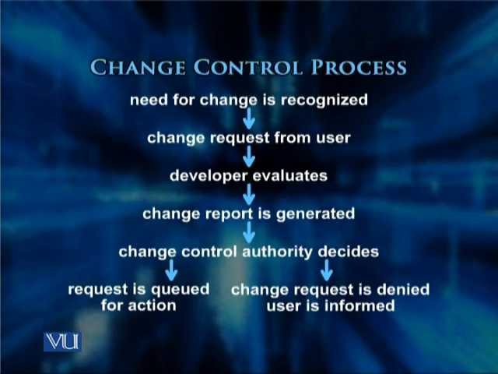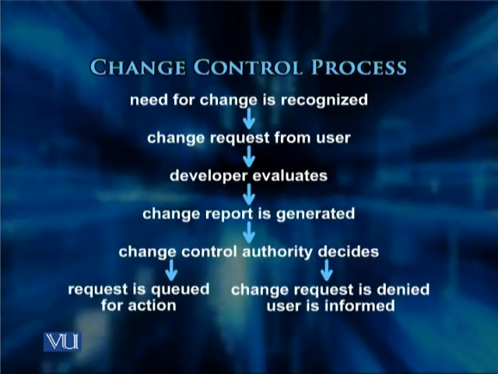A change report is generated. The change report is given to the change control authority for review and approval. Here you have 2 possibilities. Either the request is denied, as you can see that marked.